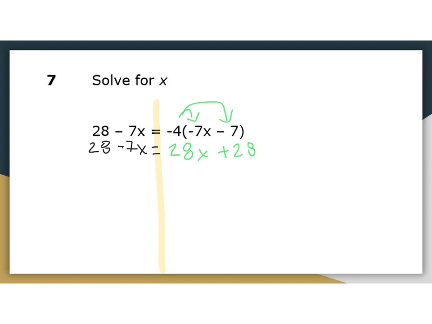Okay, I'm going to go ahead and opt to move the 28x. And so once again, as I mentioned a moment ago, the way I do that is by subtracting 28x from both sides. Inverse operation. When we do that, this 28 here, where we start off, stays the same. So that's still there.